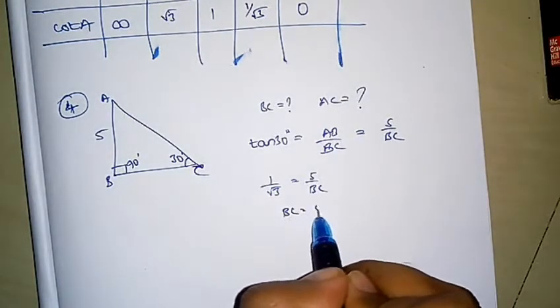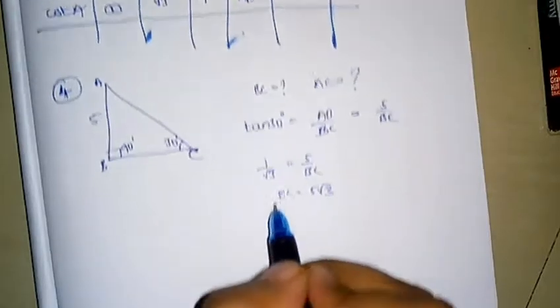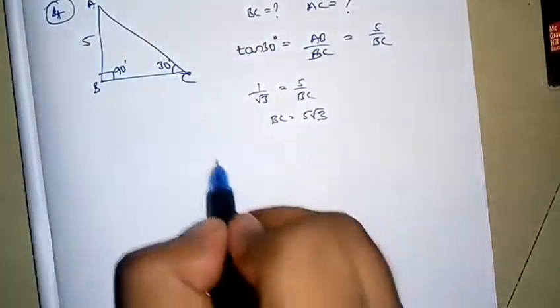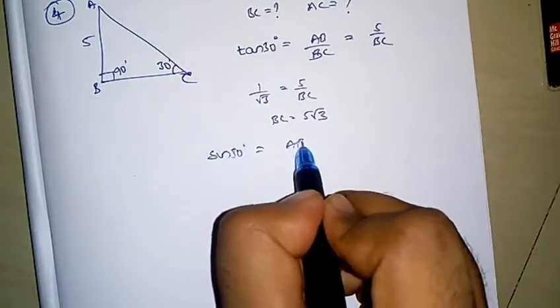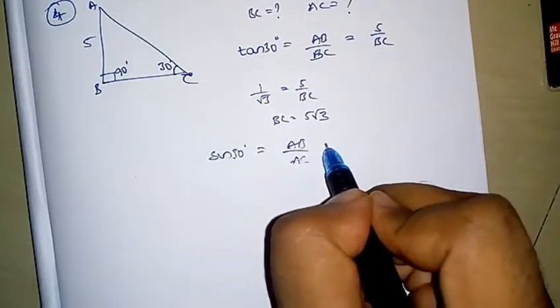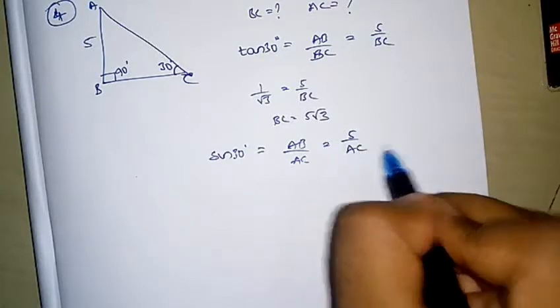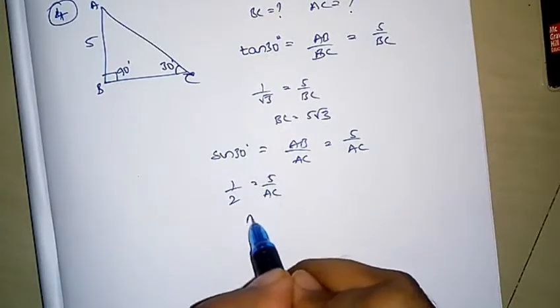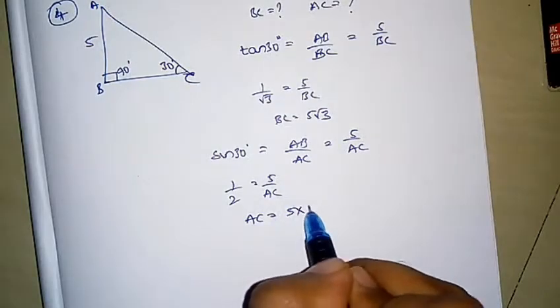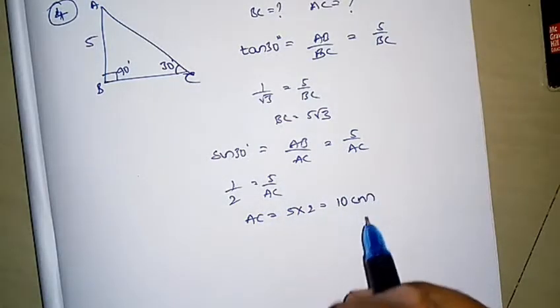BC will be equal to 5 root 3. And to find AC, you know that sin 30 degrees is equal to opposite side AB by hypotenuse AC, which is equal to 5 by AC. Sin 30 is 1 by 2, which is equal to 5 by AC. So AC will be equal to 5 into 2, which is equal to 10 centimeters.